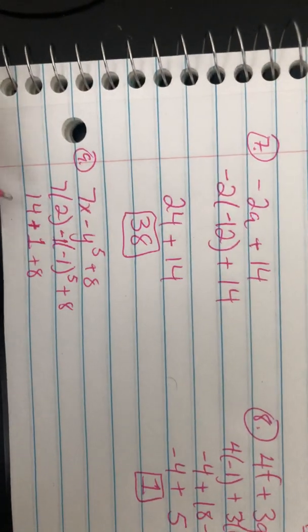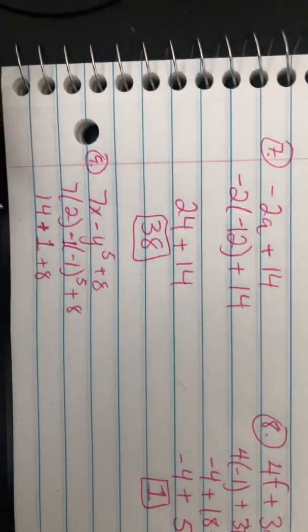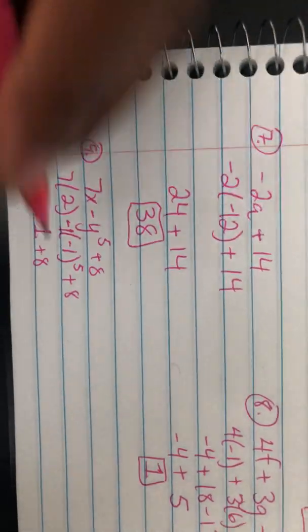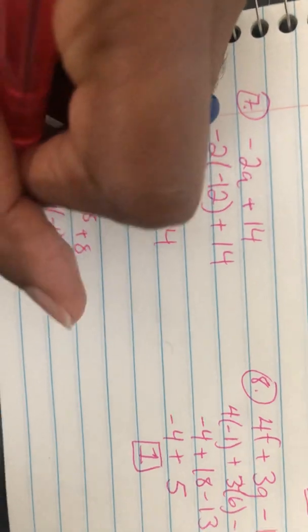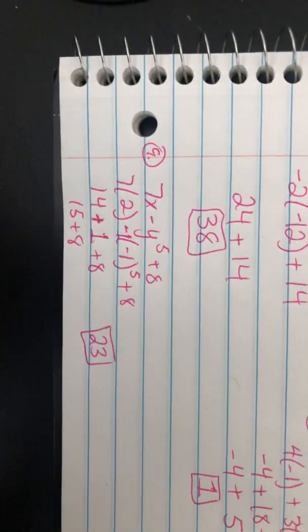Now we have 14 plus 1 or 8 plus 1, whichever direction you want to go. 14 plus 1 is 15 plus 8 is 23. And that's why that one is D.